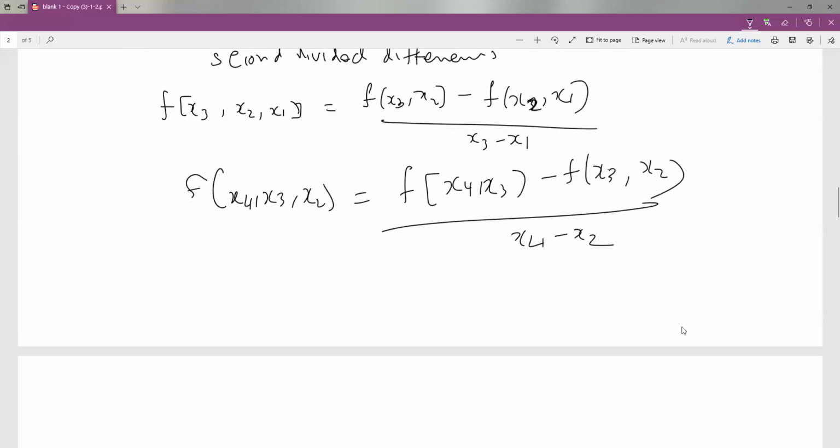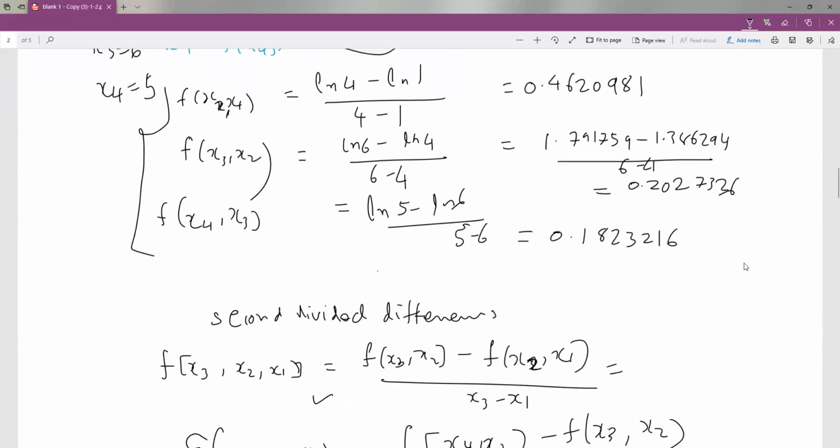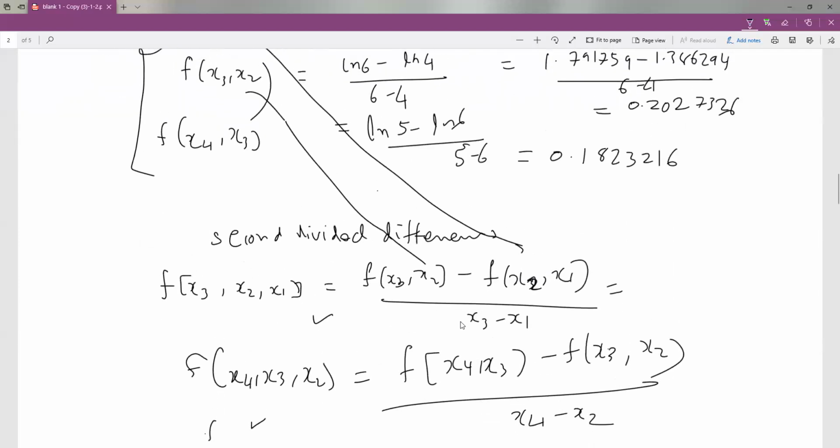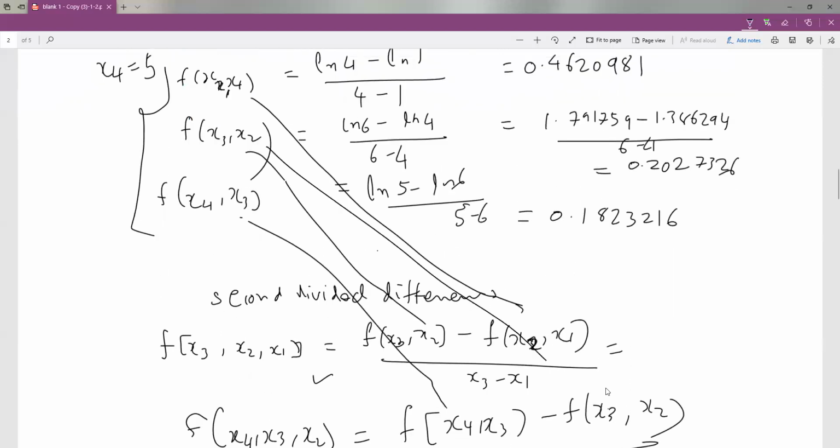You can easily remember this formula also. Then we can evaluate these two by substituting the function values which we have already determined. So you can substitute this value x3, x2 here, then x2, x1 here, and similarly you can determine x4, x3, substitute here, x3, x2 substitute here.